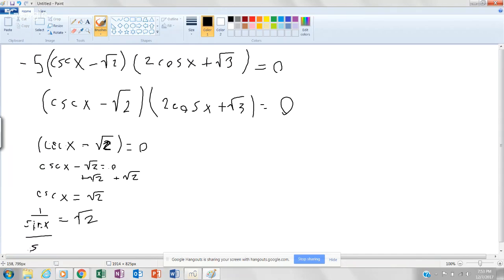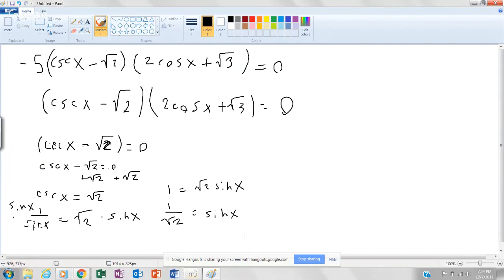We can multiply both sides by the sine of x, and we'll get 1 equals root 2 times the sine of x. And we'll divide by root 2. So 1 over root 2 equals sine of x.